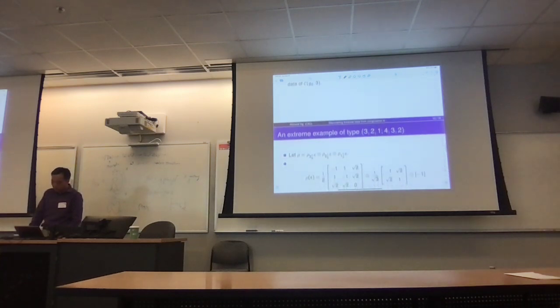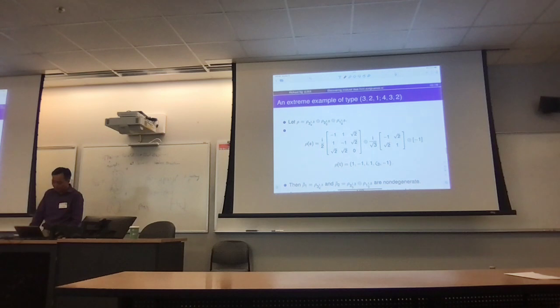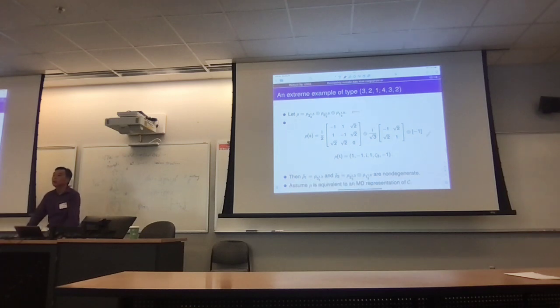Now I tell you some extreme case. This is like a 3 component. If I say 3, 2, 1: degree 3, degree 2, degree 1, level 4, level 3, level 2. So you can see this is consistent with my previous notation here. Degree 3, level 4, and degree 2, level 3, degree 1, level 2. So you put it together using the generator of symmetric representation.